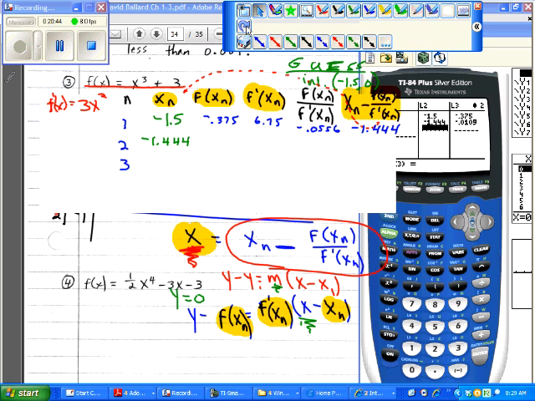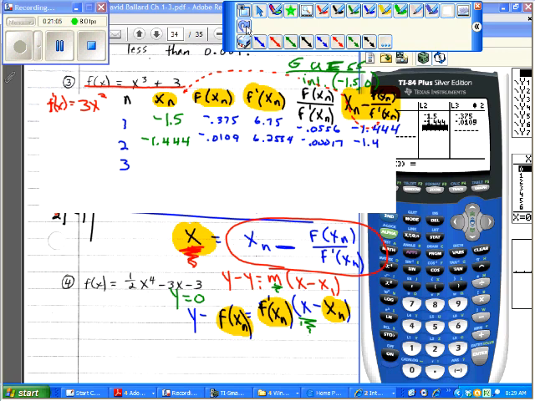Okay, and I'll just let y'all call them out. So what did we get for that one? Negative 0.0109. And 6.2554. And negative 0.0017. And negative 1.442.